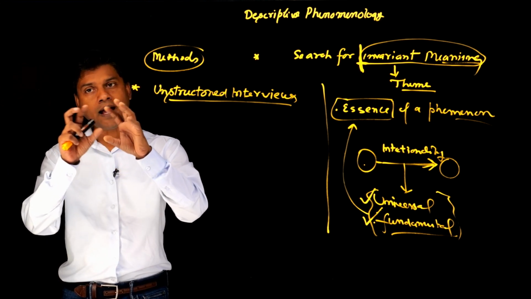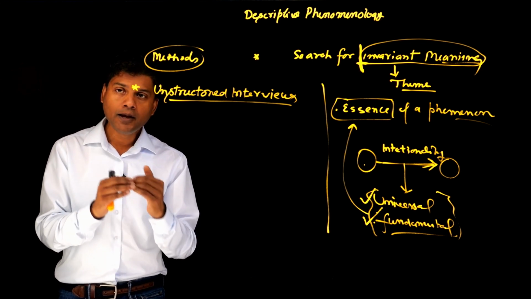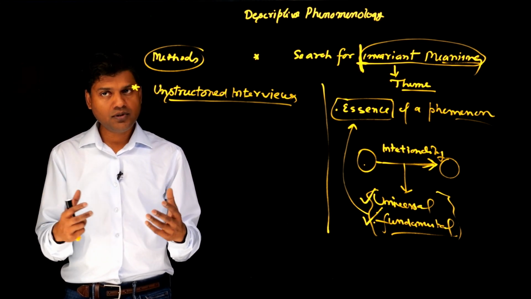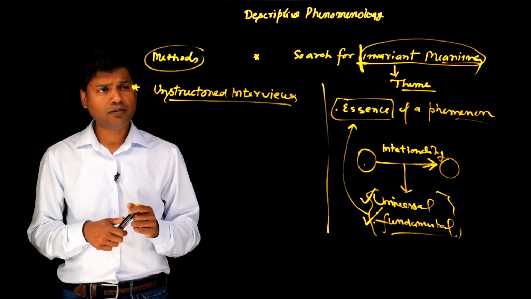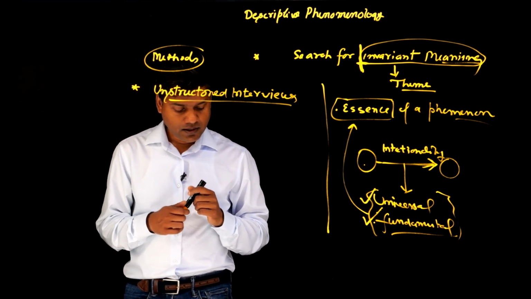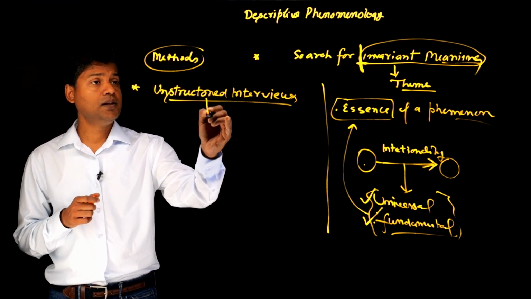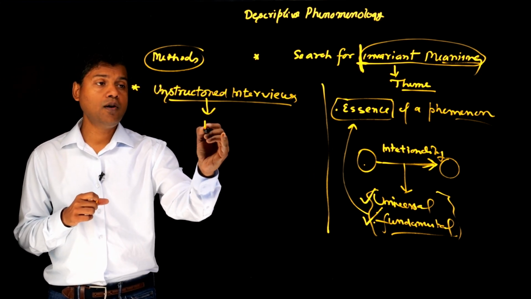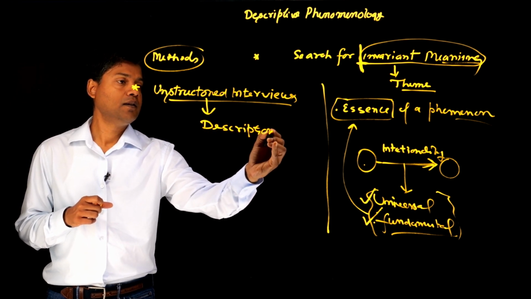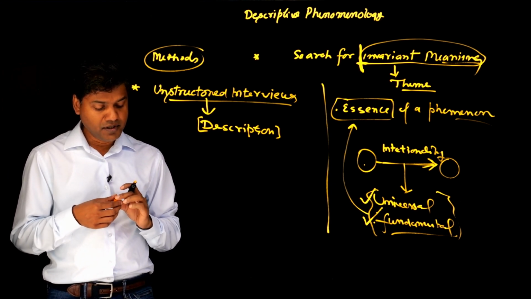You have clarity about the focus of your study. And then you sit and try to collect as much description of the phenomenon as possible. So we call it unstructured interviews. And again, these unstructured interviews are focused on a detailed description of the phenomenon.